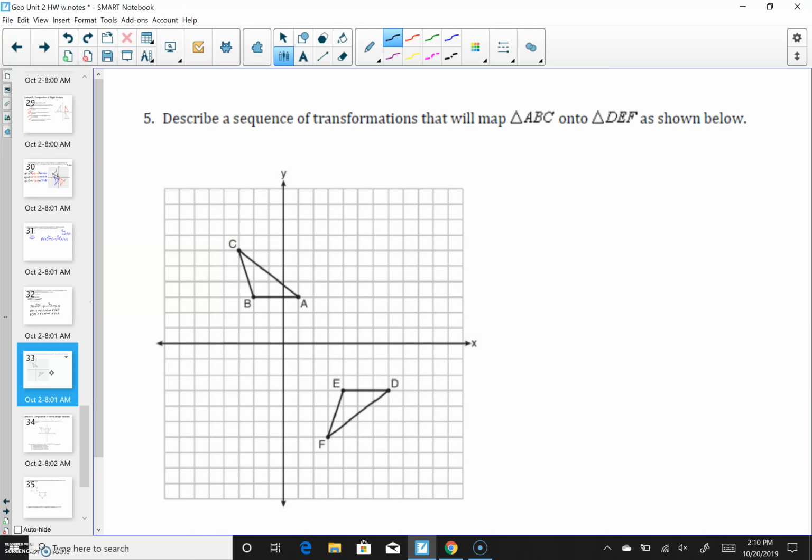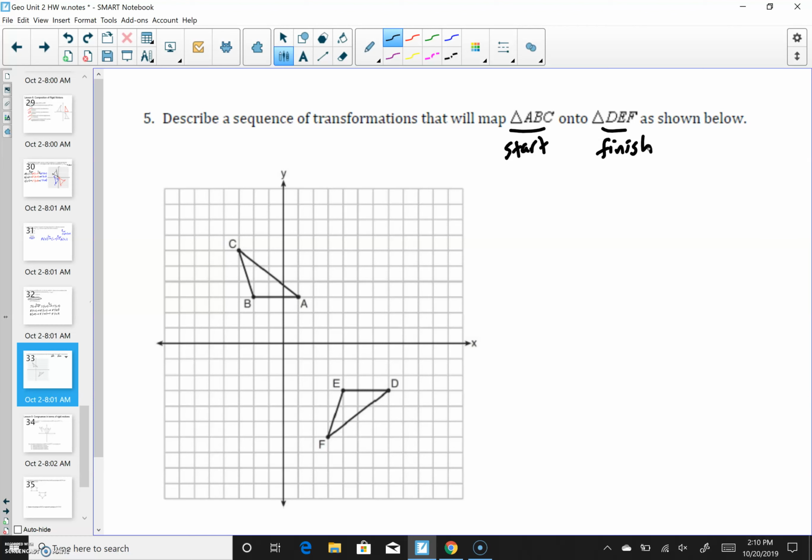And for the last one, describe a sequence of transformations that will map triangle ABC onto DEF. Now remember, you have to make sure you read these in order. So this is our start, and DEF is our finish. So you want to make sure if you're sliding or reflecting or rotating that you're starting in the correct place.